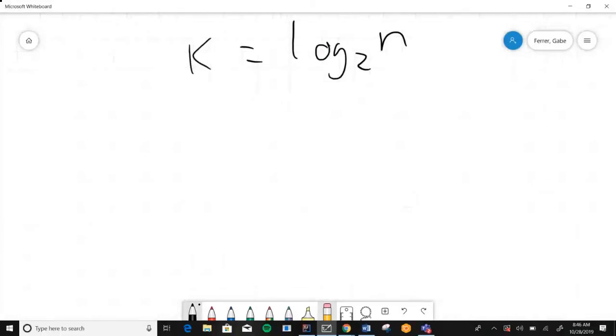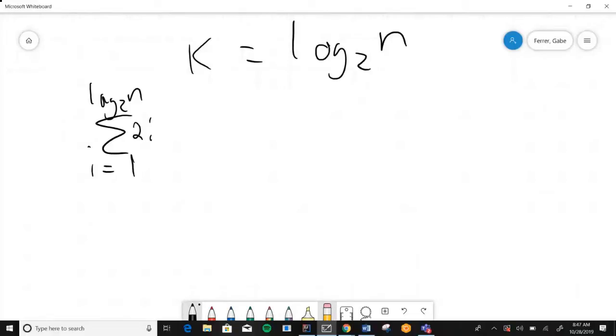So what this suggests is a summation. I equals 0 to log 2n of I. Well, this isn't quite right. 2i. Okay, it's still not right.